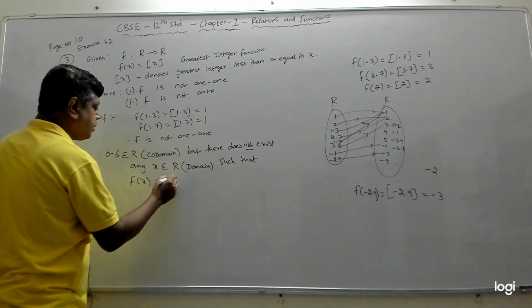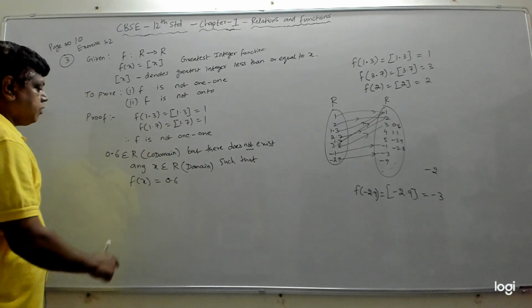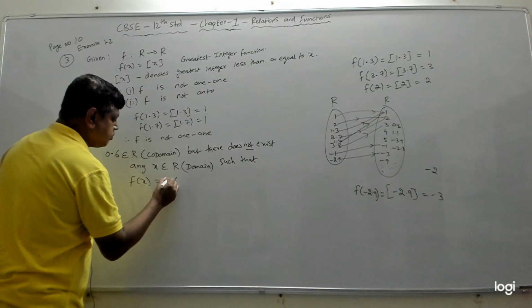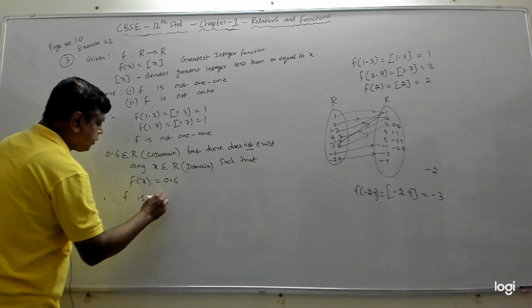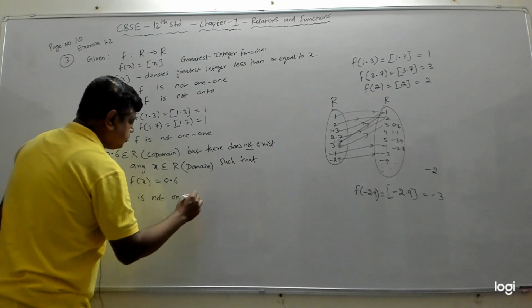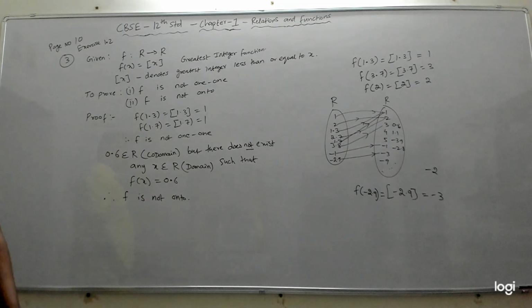My f of x will never become 0.6. Therefore, f is not onto. f is not an onto function.